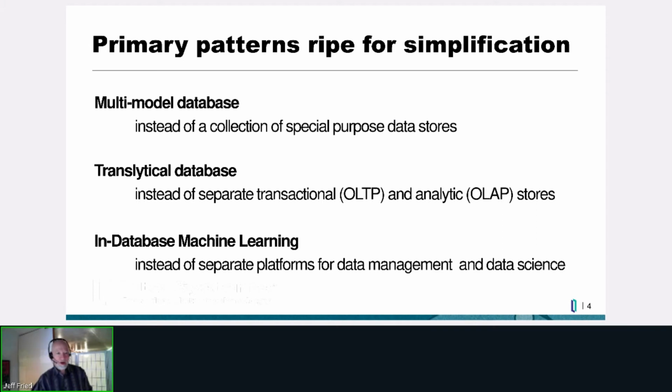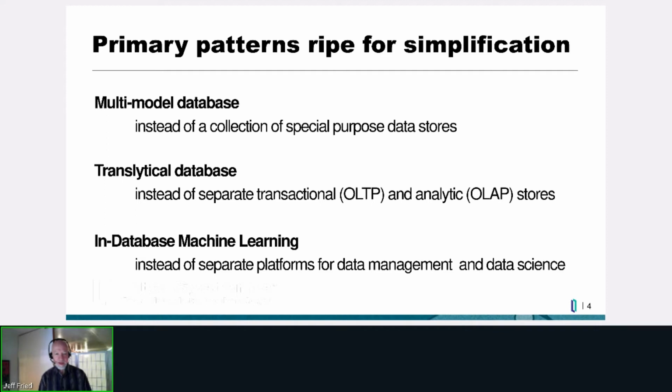The first is a pattern that I'll call a multi-model database, where instead of a collection of special purpose data stores, a key value, a document database, a graph database, you're able to consolidate those into a single multi-model database.